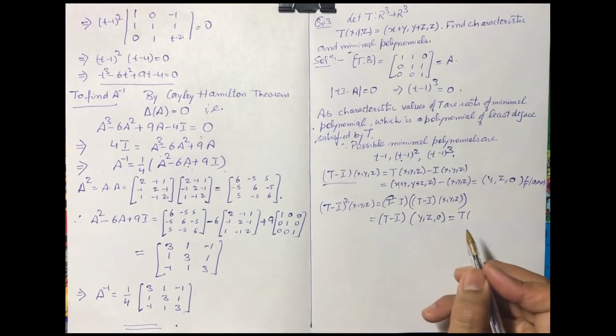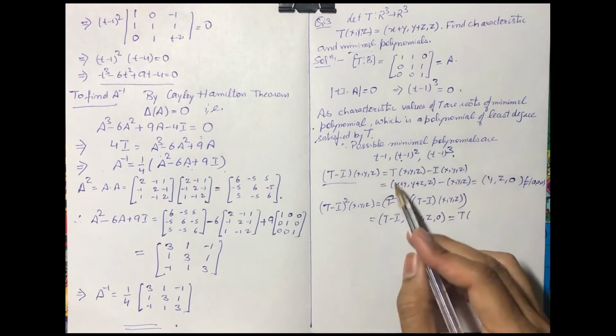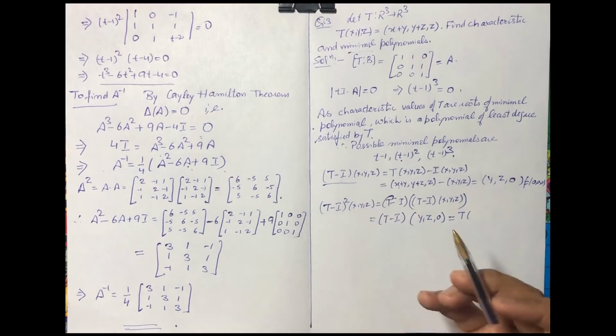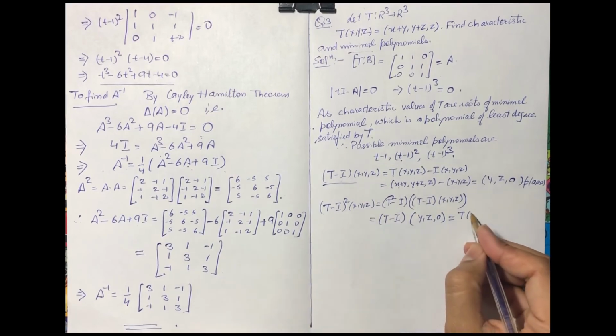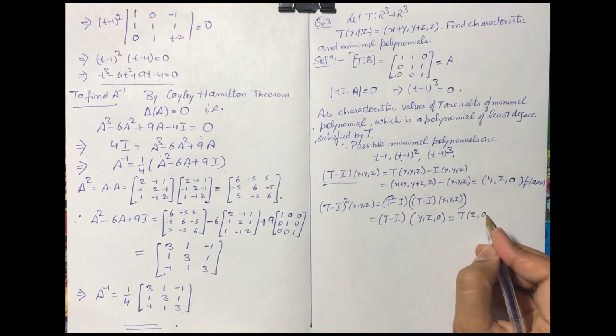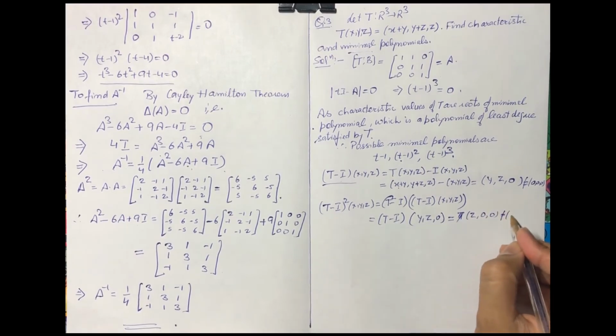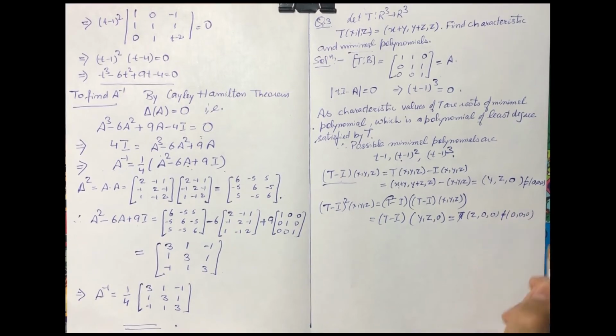From this result, using the same symmetry, this will be (z, 0, 0), which is again not equal to 0.